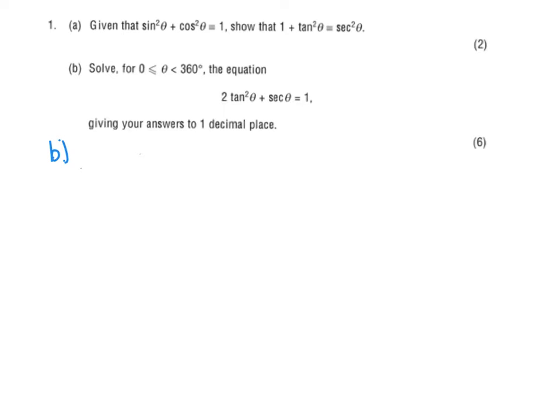Now, we're dealing with 2 tan squared theta plus sec theta equals 1. We need to solve it. Now, the rule is you look at what's squared and you replace that because we have an identity to replace that.